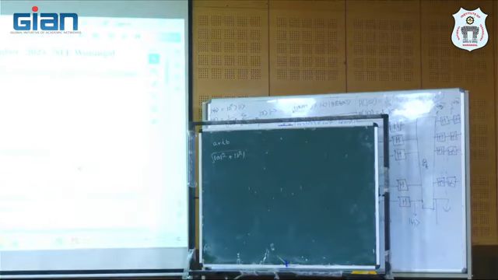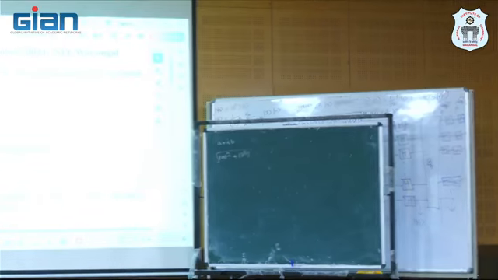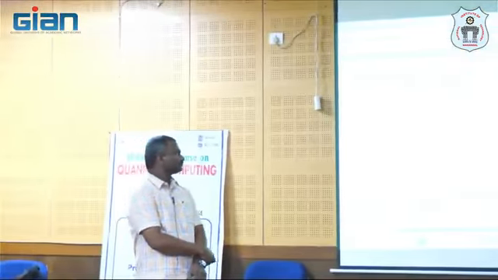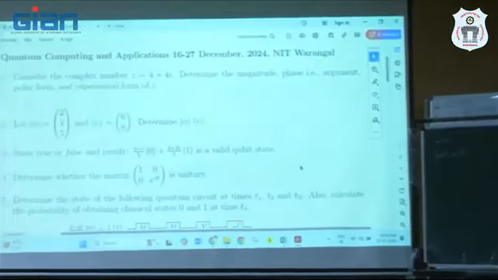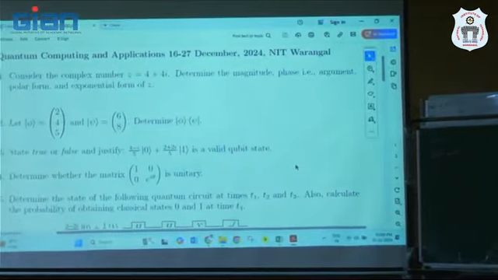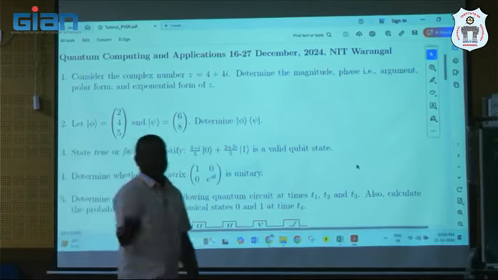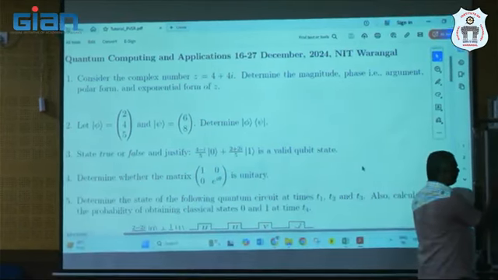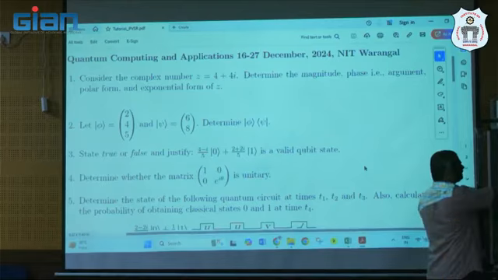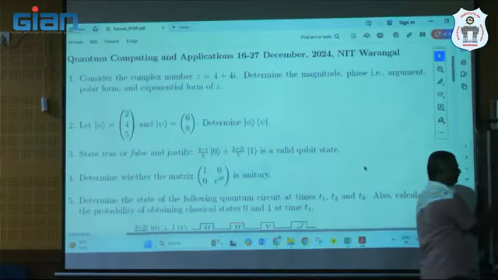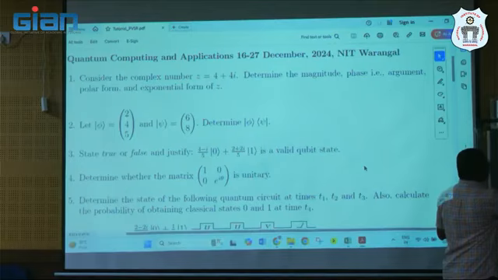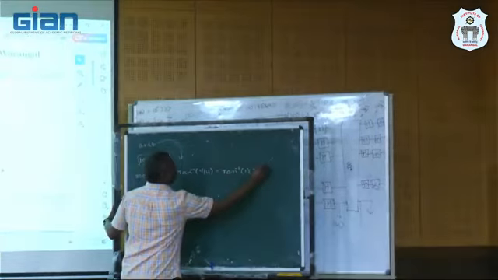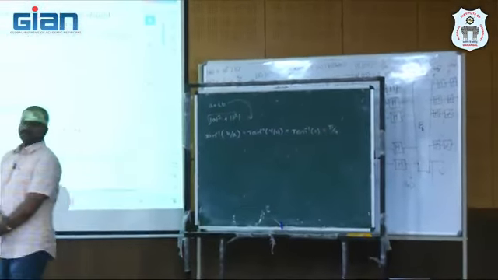So from that we know that it is square root of 4 square plus 4 square, it is square root of 32. Okay. What is phase? Tan inverse of b by a. So for a plus ib phase is tan inverse of b by a. So it is tan inverse of 4 by 4. So tan inverse of 1, what is this? 45 or pi by 4 radians. Is that okay?